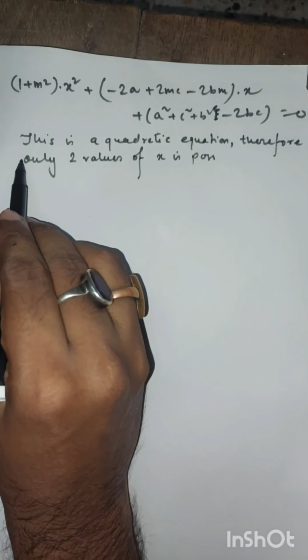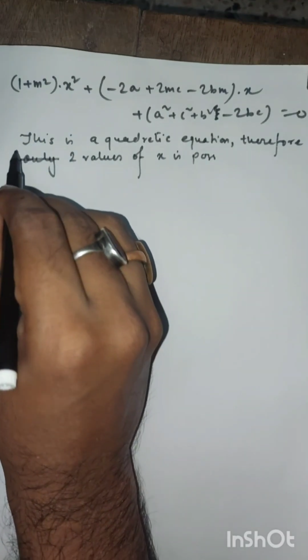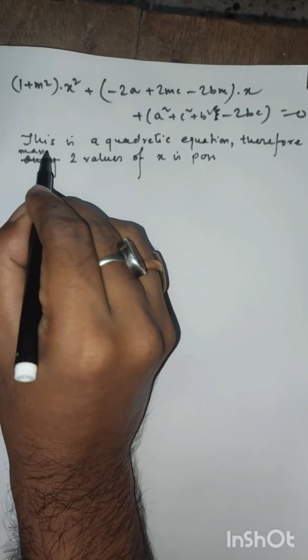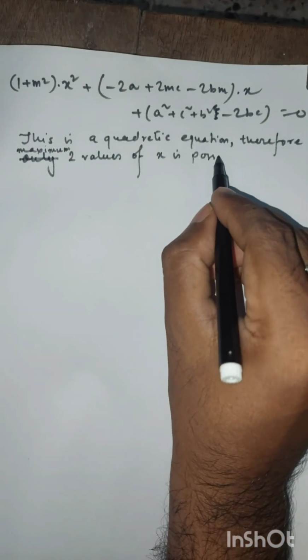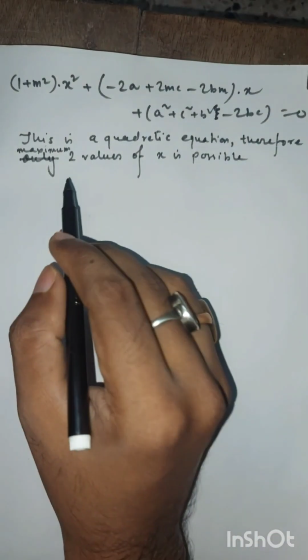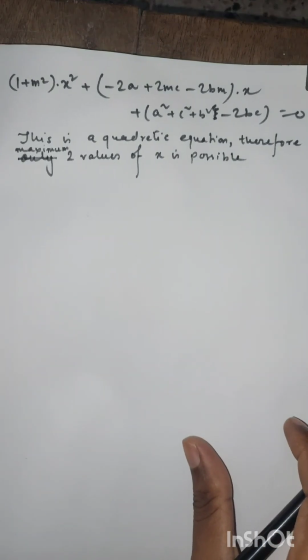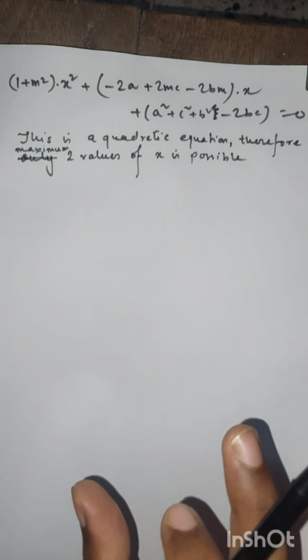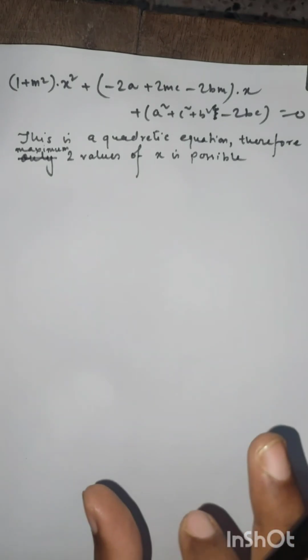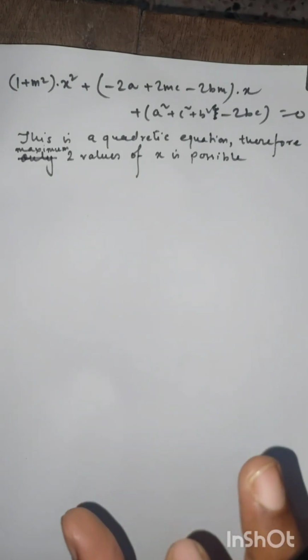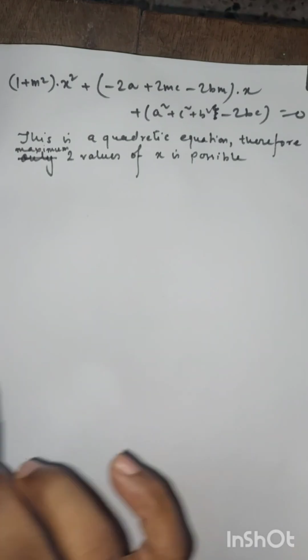Therefore, maximum two values of x are possible. This is a quadratic equation. That is why we can conclude there maximum two values of x are possible.